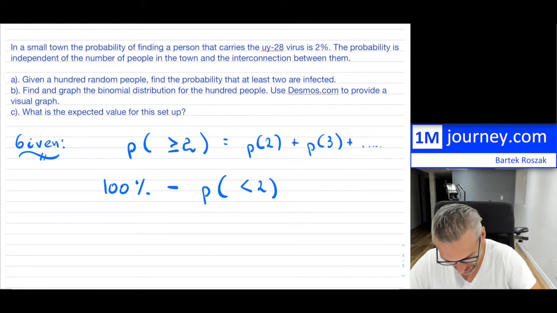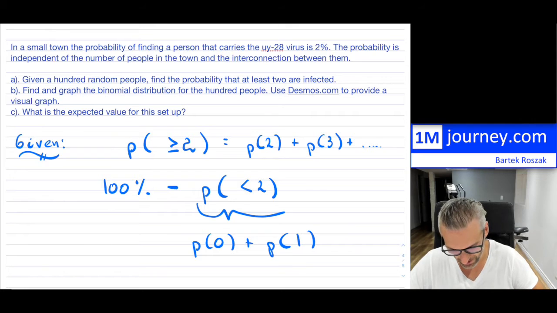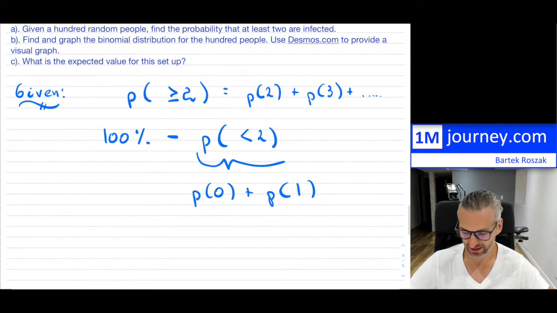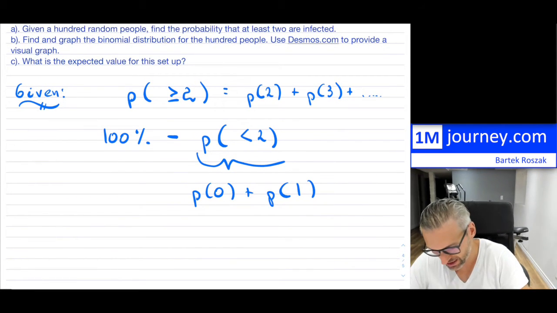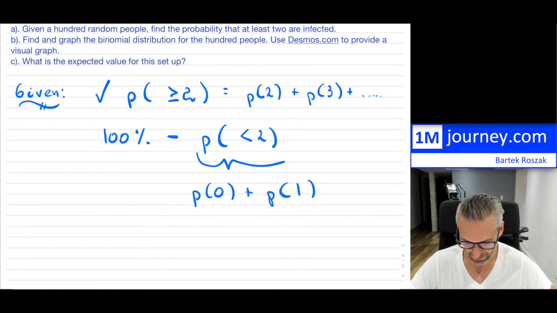Now, this is much easier to find because this would simply be the probability of nobody and the probability of 1 person. And then if we subtract it from 100, then we get exactly what we are looking for. Okay, so how would we do this, and what would the numbers actually tell us?